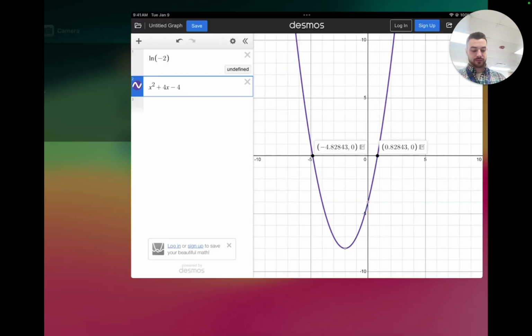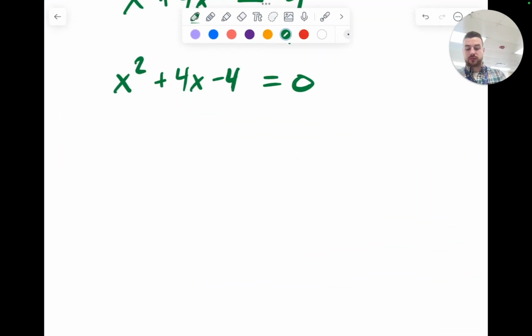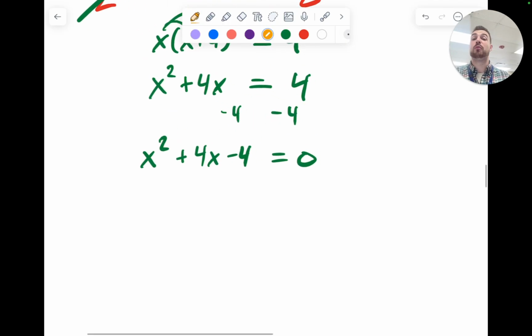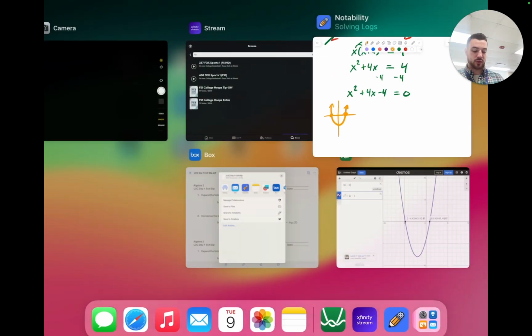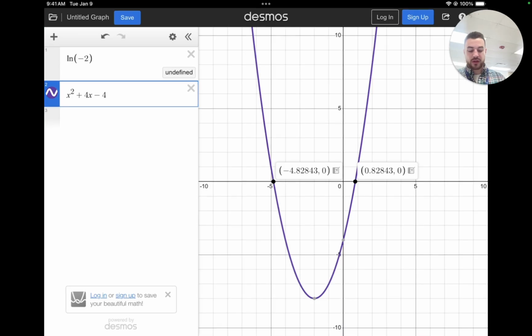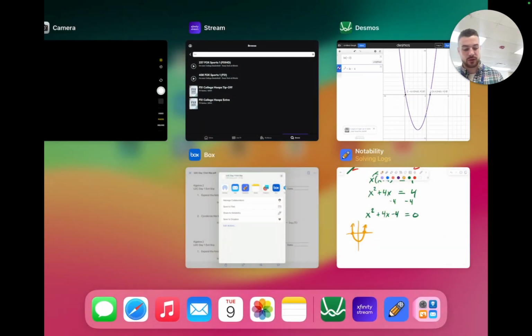However, we can kind of see what that looks like here. So again, I made this problem up, so it didn't work out perfectly here. However, if we wanted to, we could take a look at the graph, and we get our two x-intercepts, which are in fact solutions of about negative 4.82.